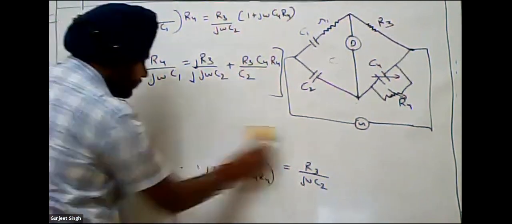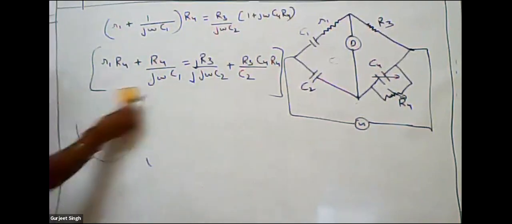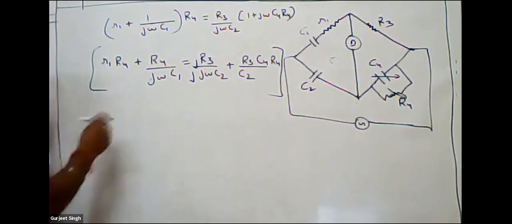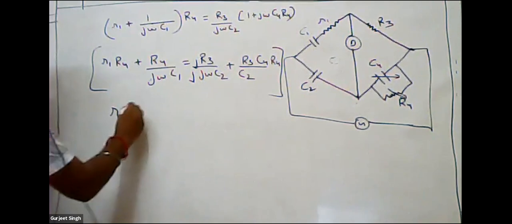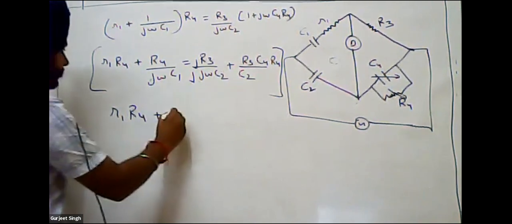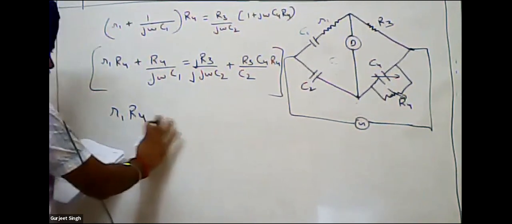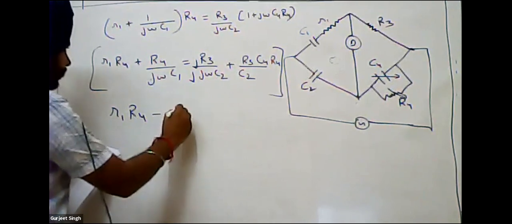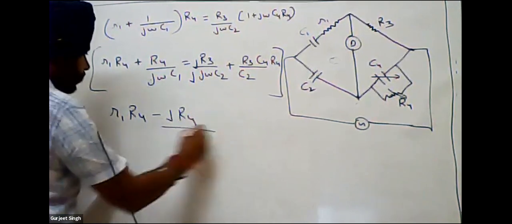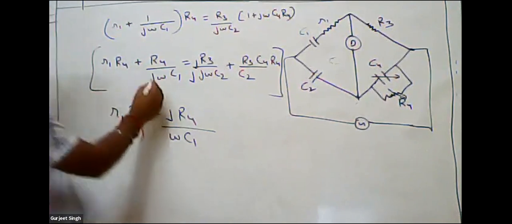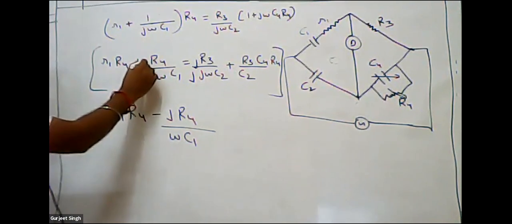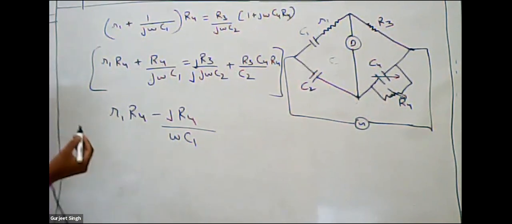We will write down the equation as R1, R4 plus, sorry, here we will write the negative sign. This is j R4 upon iota C1, because here I will multiply iota with the numerator and the denominator.